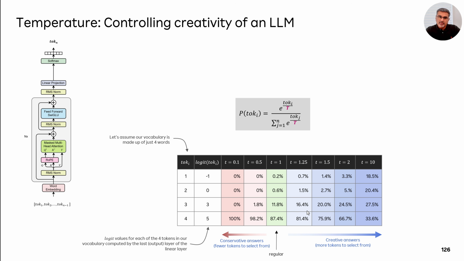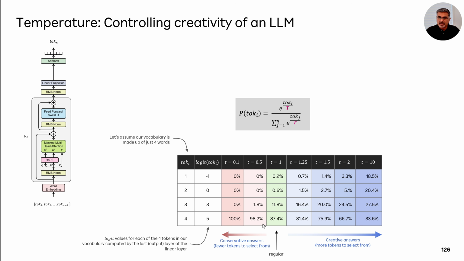Now, if you increase the temperature, you see that more tokens start to get picked, purely based on the math here. If you decrease the temperature, going from 1, which is the default, to let's say 0.5 or 0.1, as you can see, the probabilities from the other tokens start to be given to the token that already had higher probability. When you increase the temperature, the probability from the higher tokens slowly starts to get to those tokens that have a lower probability also.